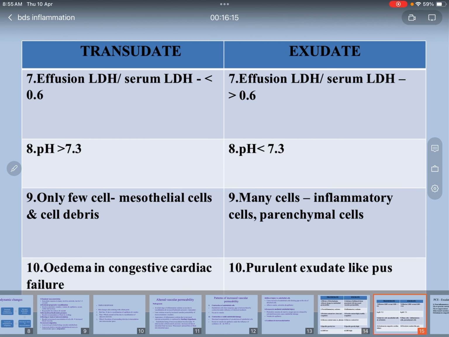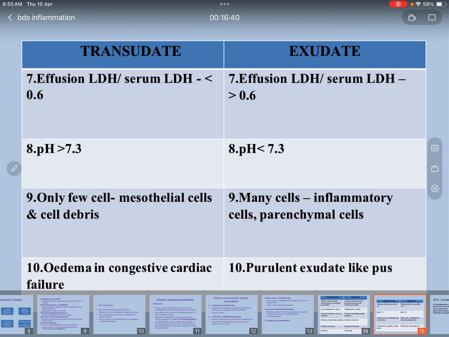And in a transudate, the effusion LDH versus serum LDH, that is lactate dehydrogenase enzyme, will be less than 0.6. In exudate, it will be more than 0.6. The pH is more than 7.3 in a transudate. pH will be less than 7.3 in an exudate. And transudate contains only few cells, that's mesothelial cells and some cell debris.